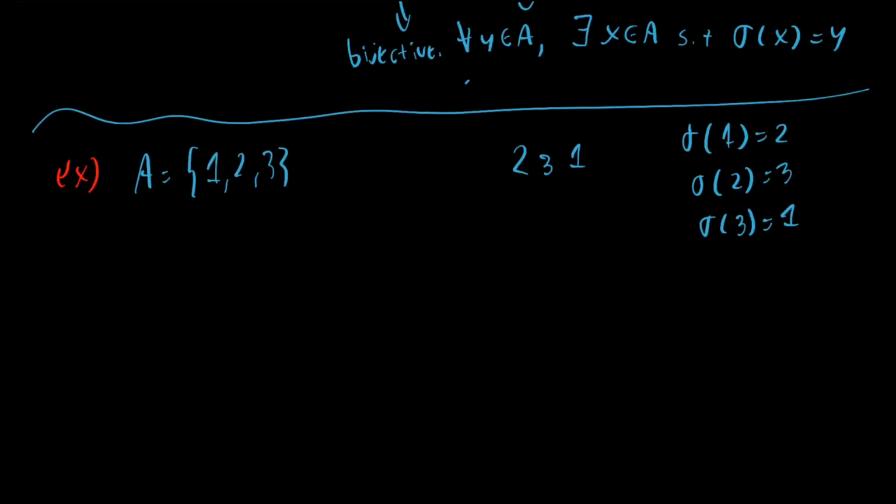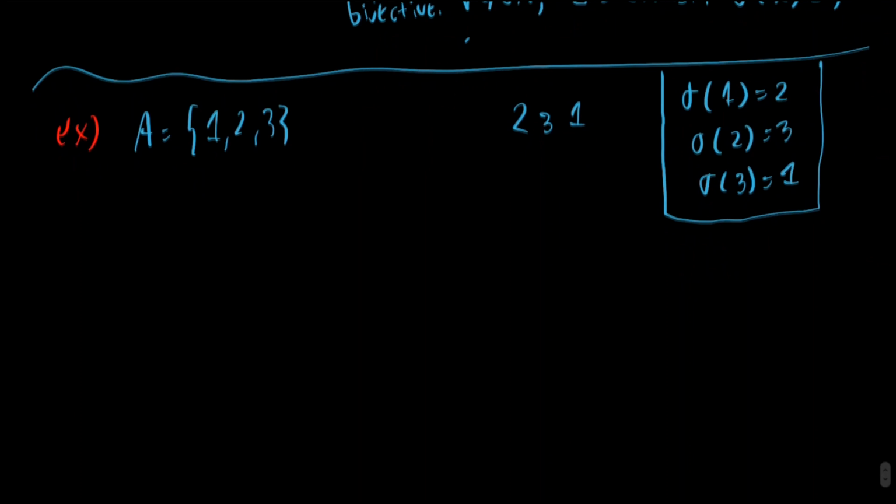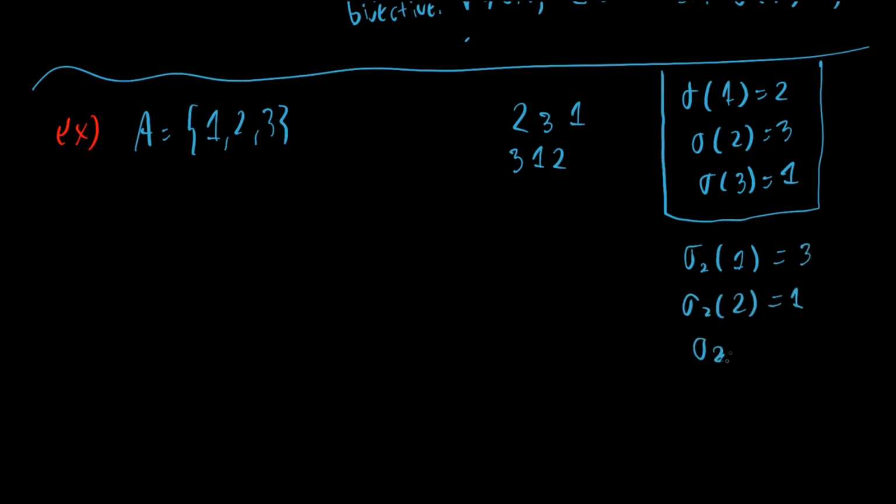From this explicit expression of our sigma, we can immediately check that this is a bijection. And so this is one example of a permutation. Another example of a permutation could be 3, 1, 2, where in this second permutation, which we can call sigma 2, 1 was mapped to 3, and similarly this.